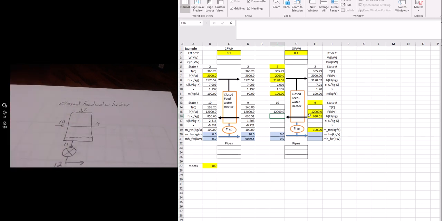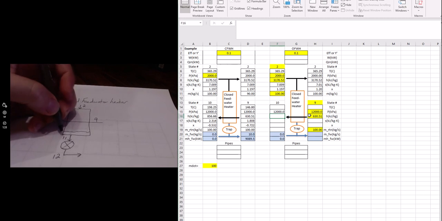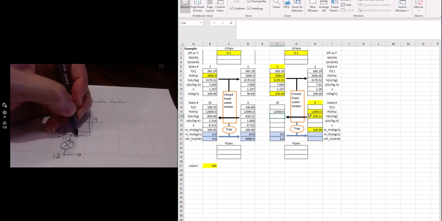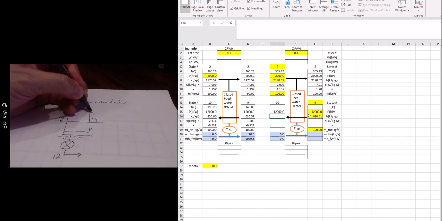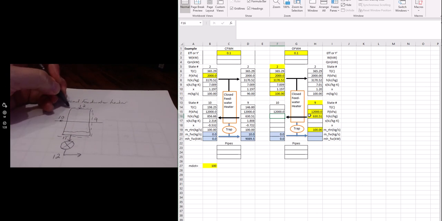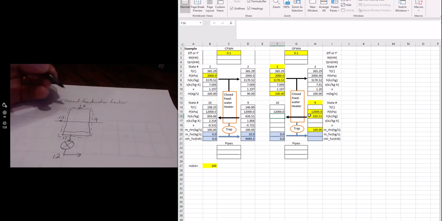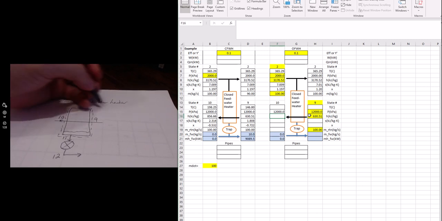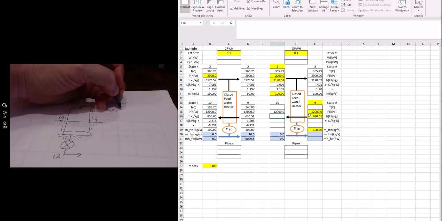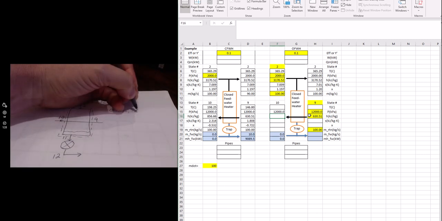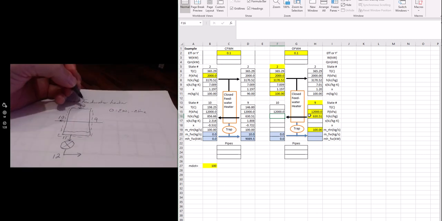All right, so let's draw a system boundary here. I'm going to leave the valve out of it for right now. And so I have the mass continuity equation. If it's steady state, summation m dot I minus summation m dot E equals 0.